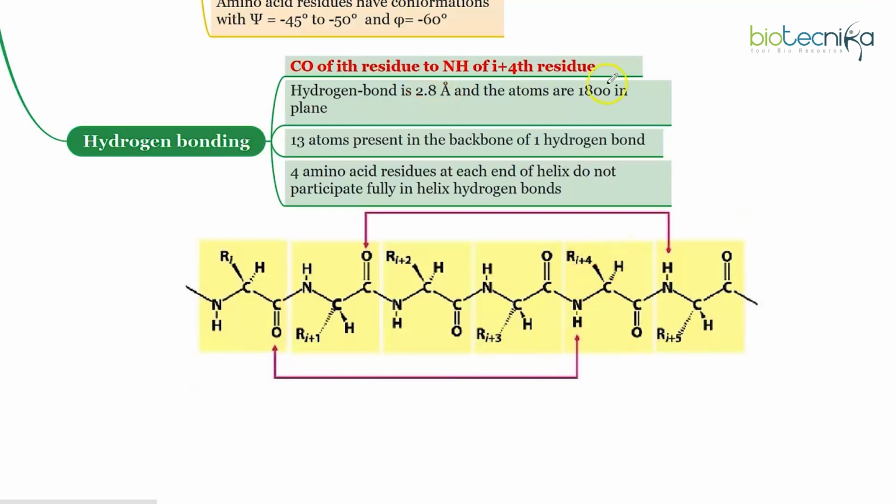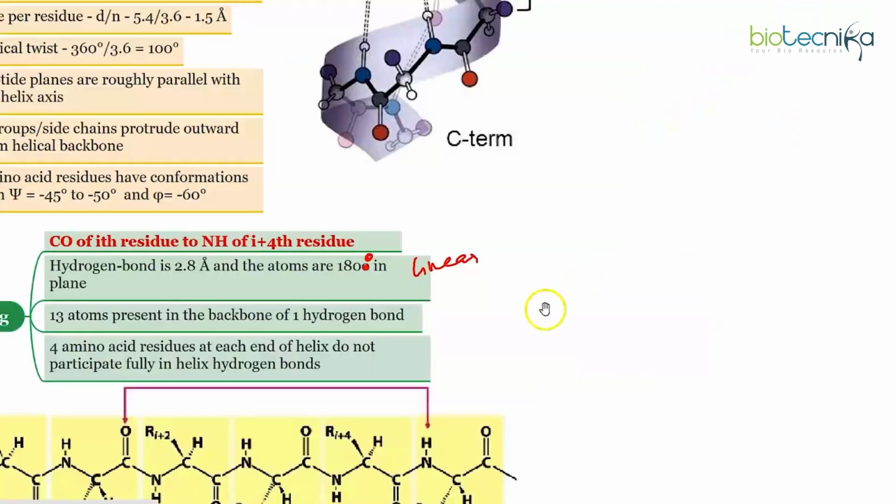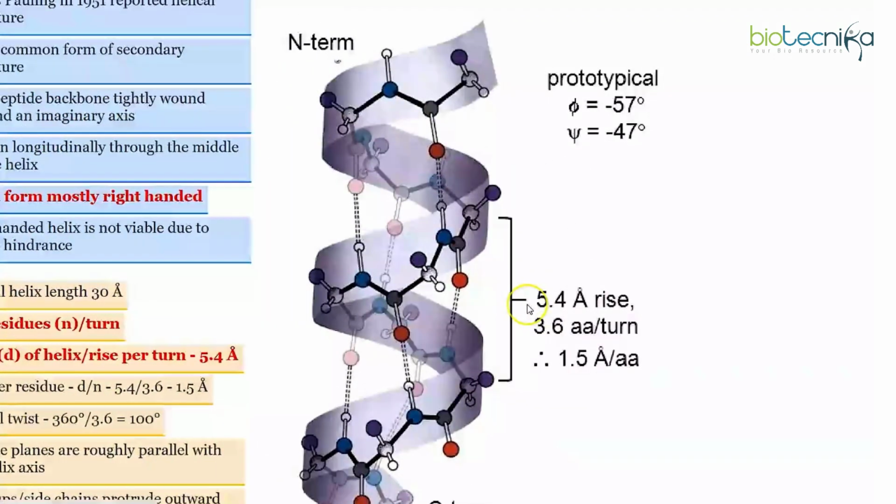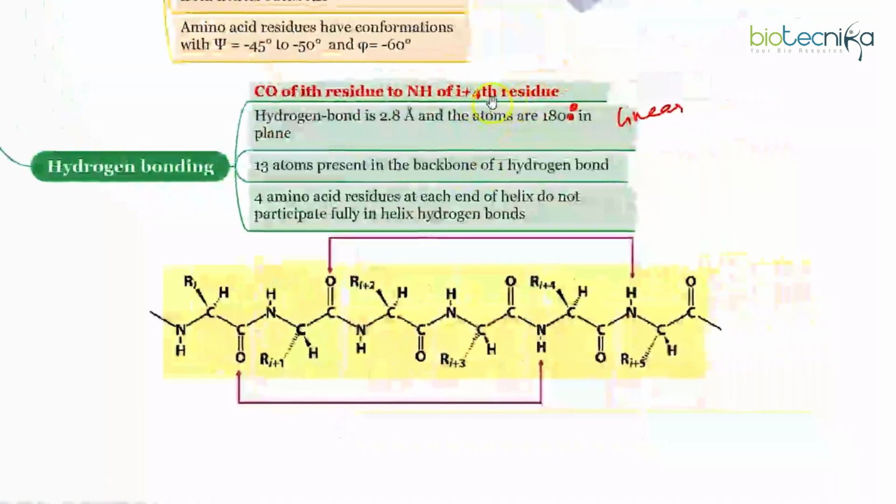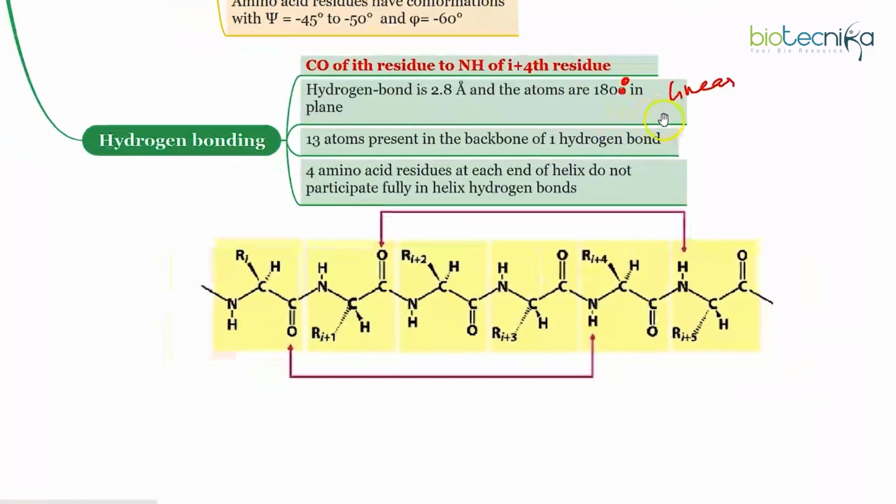And they are 180 degrees in plane, that means they are linear. As you can see the hydrogen bond in alpha helix, I showed you in this picture. So here you can see the hydrogen bonds are linear. And in case your hydrogen bonds are linear, they are very strong structures. That means the strength of hydrogen bond is very strong.